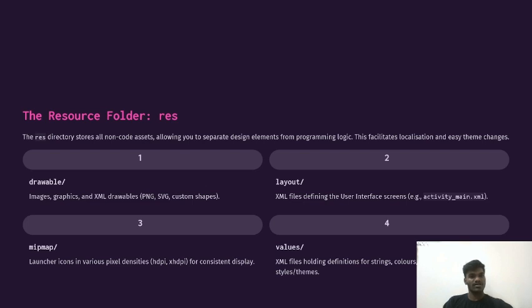In the drawable folder, we have images and icons, and the layout folder is used for UI screens, and the mipmap for app launcher icons, and the values for text strings, colors, dimensions, and styles. This is the resource folder in the Android file structure.